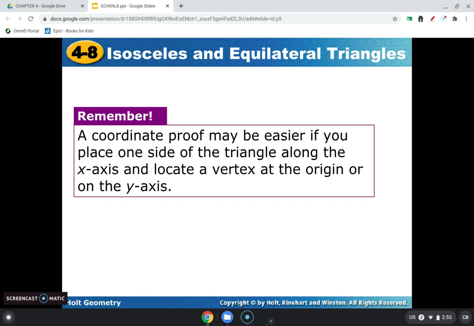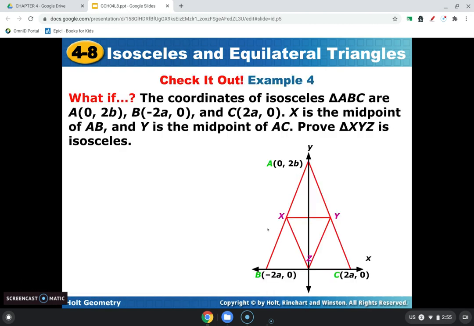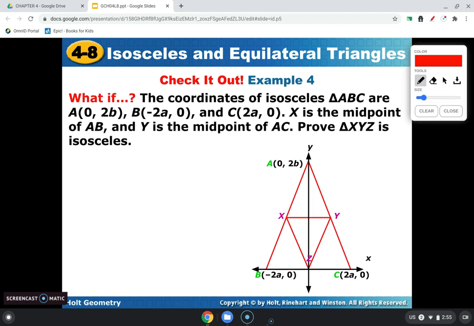All right, a coordinate proof may be easier if you use the x-axis and the y-axis to kind of help you out, as we know from before. All right, prove XYZ is isosceles. X and Y are the midpoints. So to prove it's isosceles, we would want to show that these two side lengths are the same.